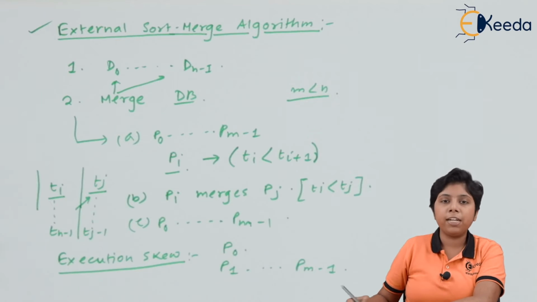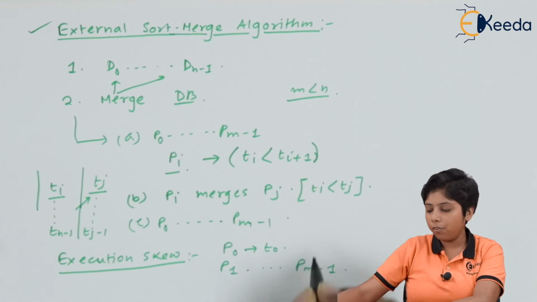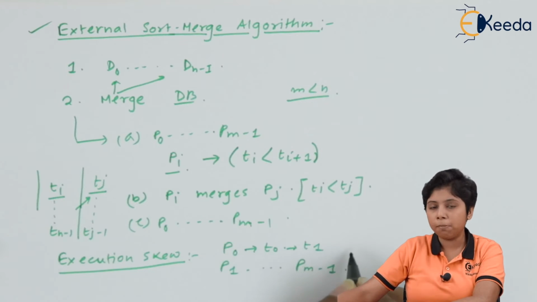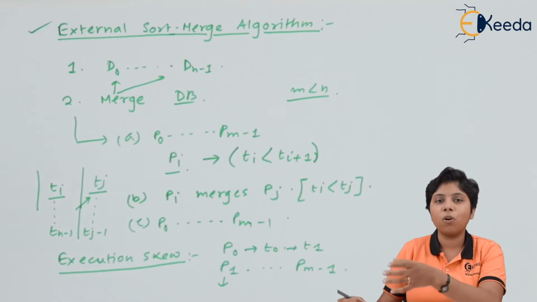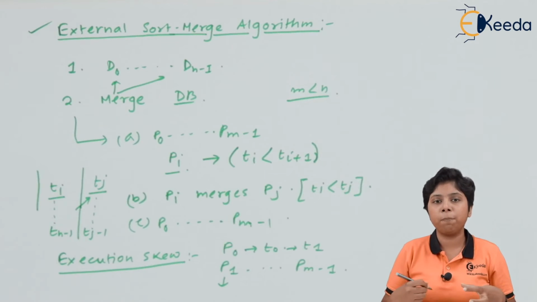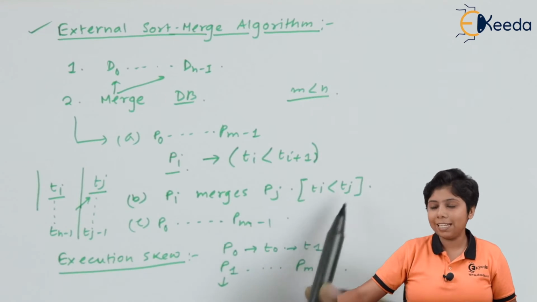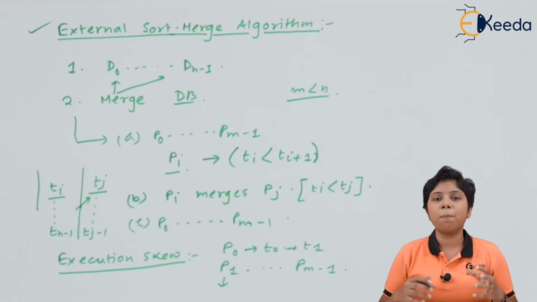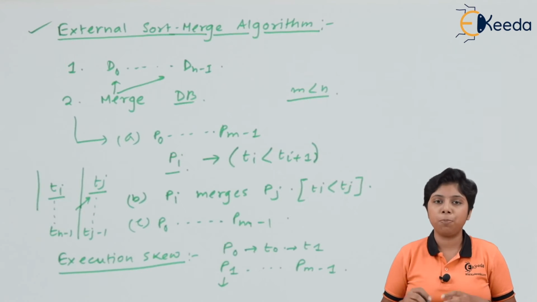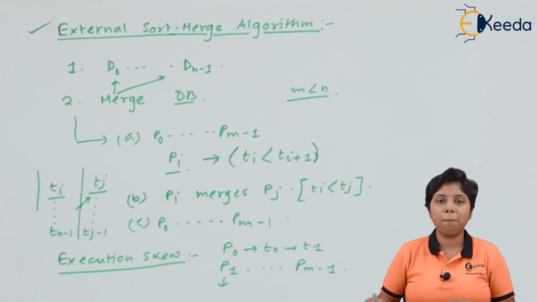Now when every tuple is executing, you have T0 first, and then T1 in P0. In P1 also, the second tuple can be executed only after P0 has been sorted, because P0 will have all the values where Ti is less than Tj, so we cannot execute P1 before P0. So we need to execute P0 and P1 sequentially, which creates a skew toward Pm minus 1.